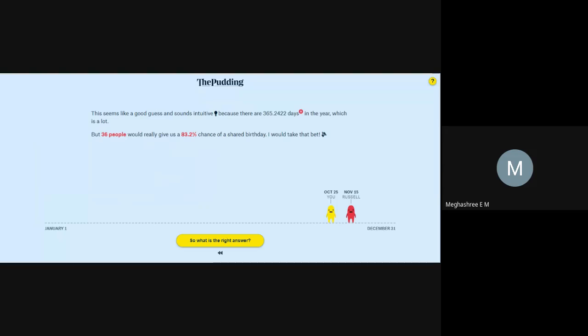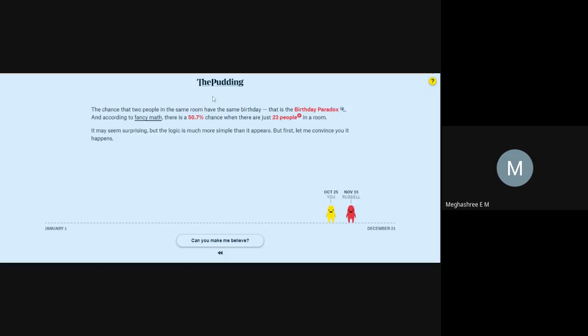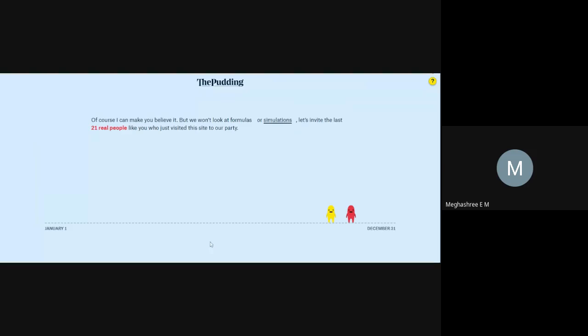So I selected 36 people, that leads to 83.2%. I just want to find out what the 50% is. So what is the right answer? It is 23 people in the room. Let's see how it works. They have given 23 people directly. Let's see how they have simulated it.